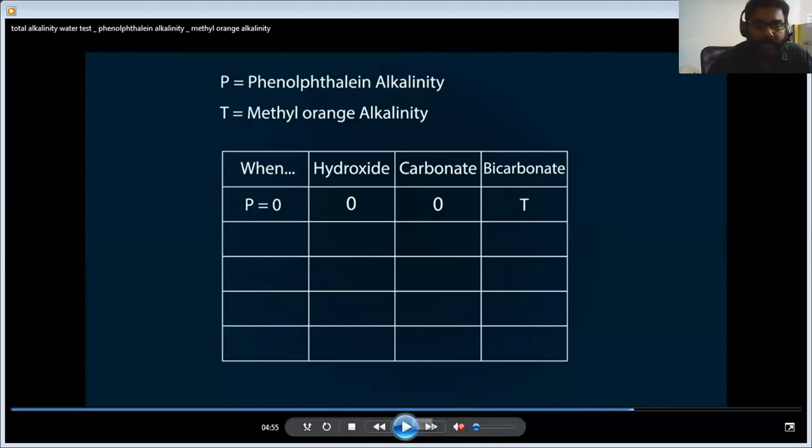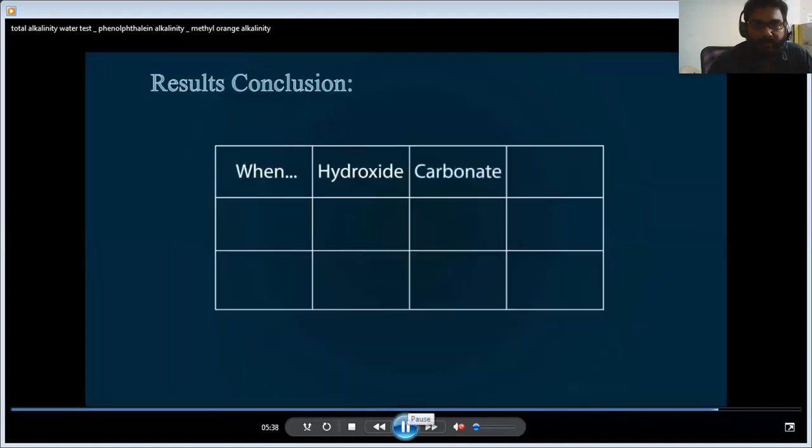The phenolphthalein indicator and these indicators are very important. The resultant conclusion gives hydroxide, carbonates, bicarbonates.